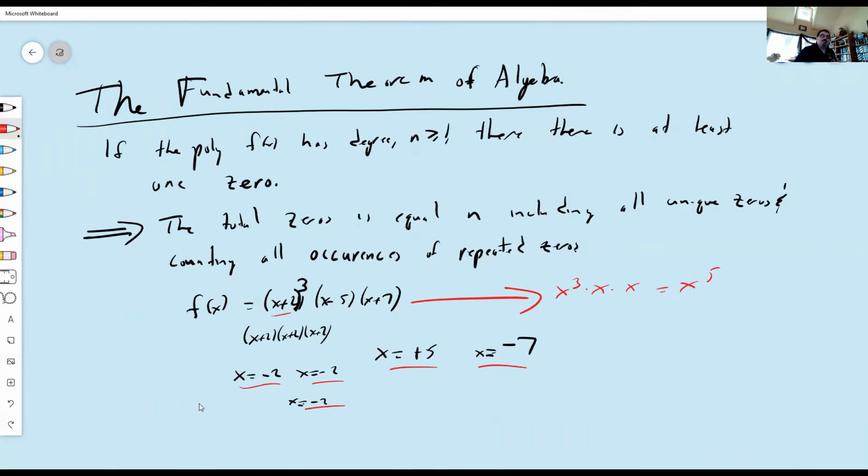What this means to me in terms of graphing, I will have at most n x-intercepts. So in this case, a 5th degree polynomial could have 5 x-intercepts, this one actually has just 1, 2, and 3.